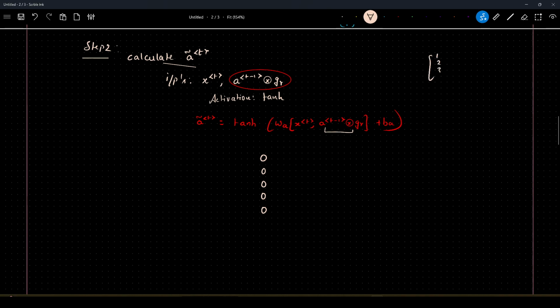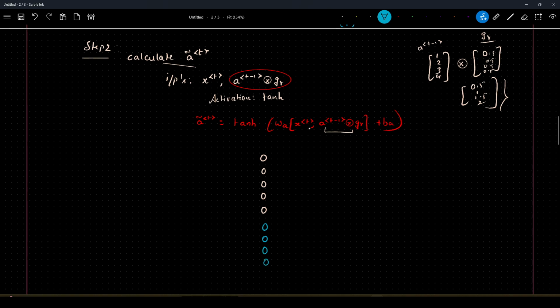So if I take 1, 2, 3, 4 as at minus 1, and since gr is a sigmoid, all its values will be between 0 and 1. Let's consider 0.5, 0.5, 0.5, 0.5. We are doing pointwise multiplication between these two vectors, so each of the values will be halved. The output will be 0.5, 1, 1.5 and 2. So this is the output of this. Again, the dimension will be 4.